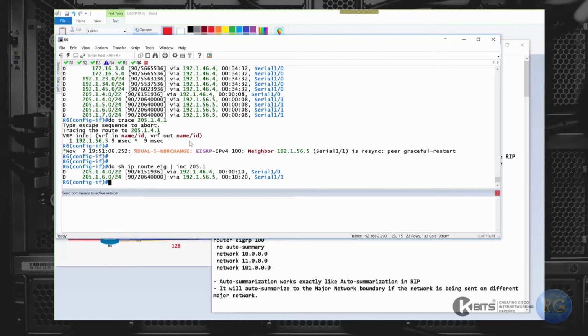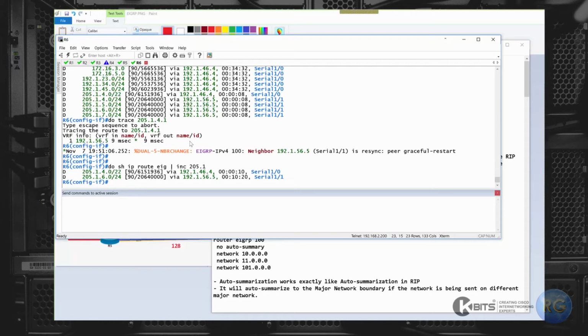I'm going to show you the new way of doing EIGRP, which is called the named mode. This is called the classic mode. There are certain advantages depending on how you look at it. A lot of people are used to the old mechanism, the classic mode, and they prefer doing it.